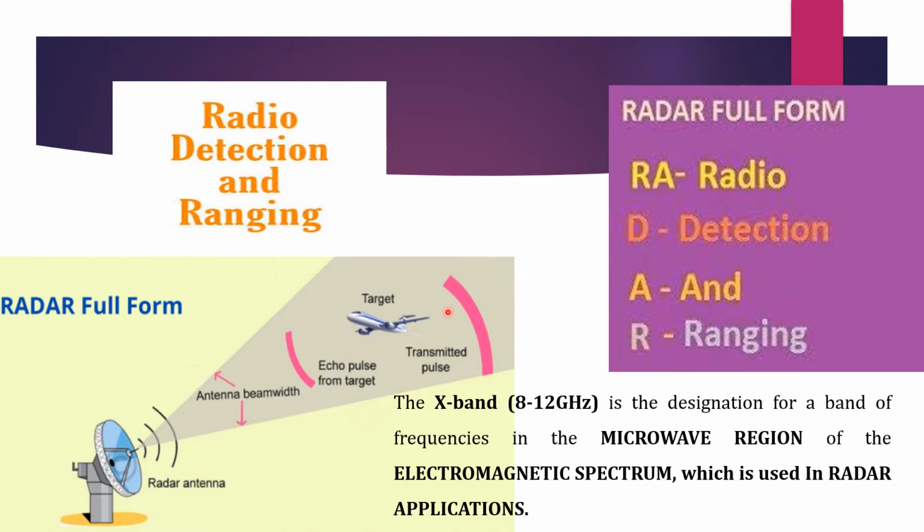If the target is not there, you will not get anything in return. But if there is something in the target area, you will get return echo pulses from the target, and these echo pulses are again identified by the radar antenna.